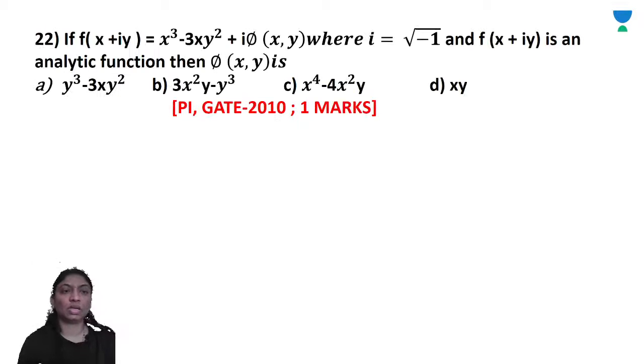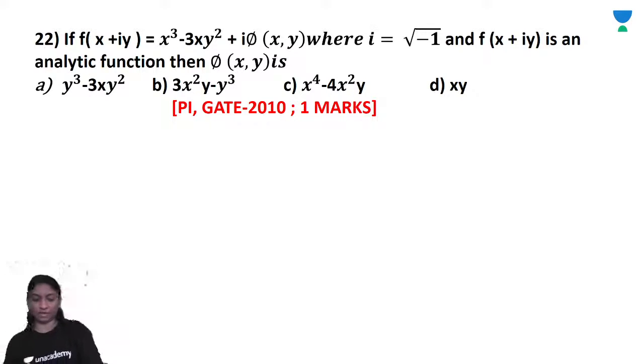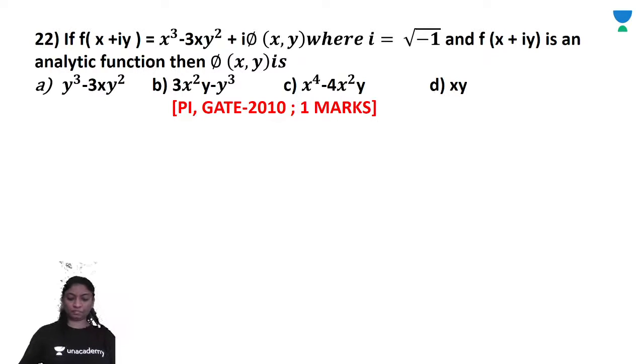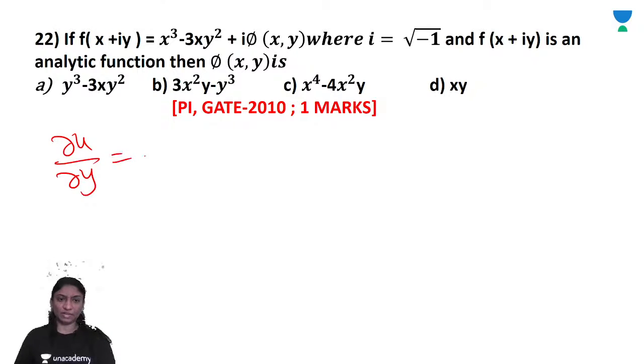So next. If f of x plus iy is analytic, with u equal to x cube minus 3xy square, where i is equal to root of minus 1, then find f of z. Since f of z is analytic, it satisfies the CR equations: du/dx equals dv/dy, and du/dy equals minus dv/dx.